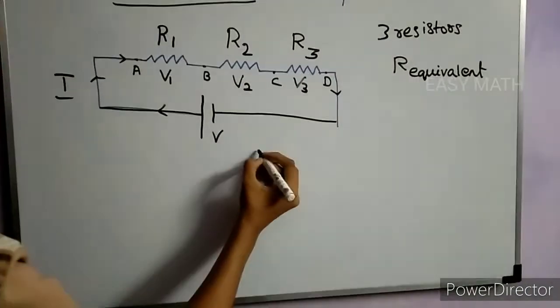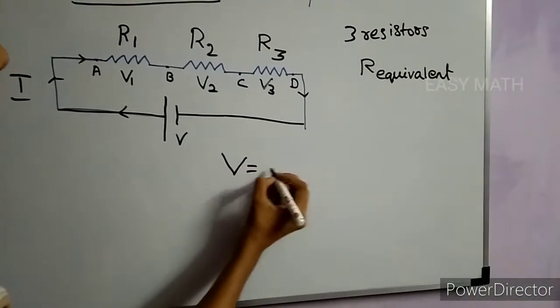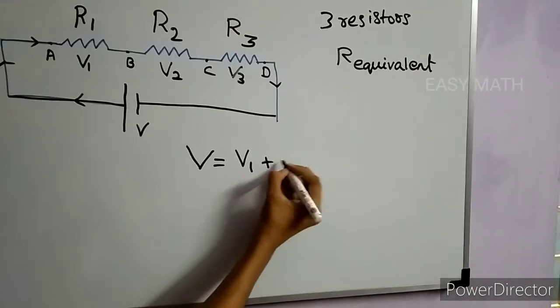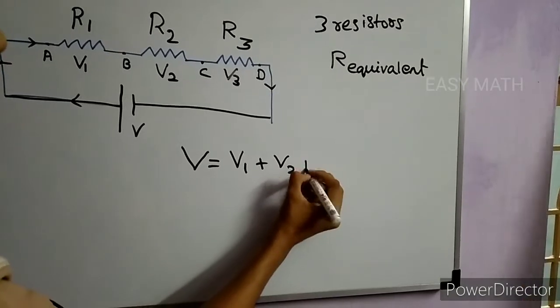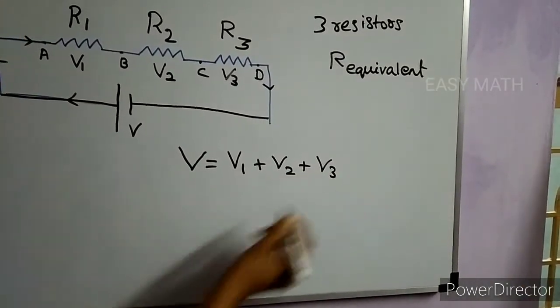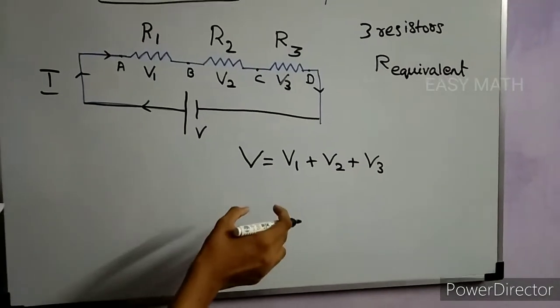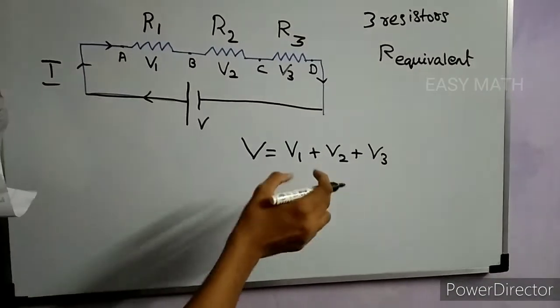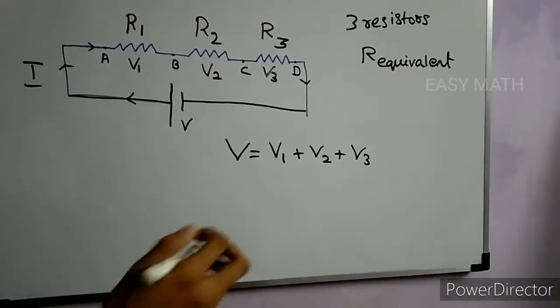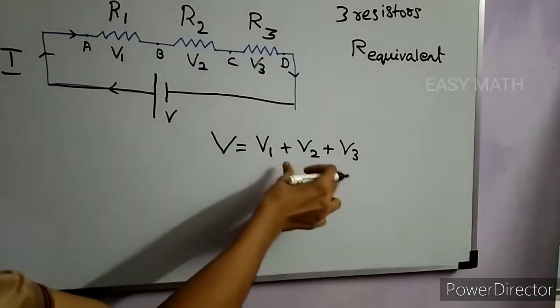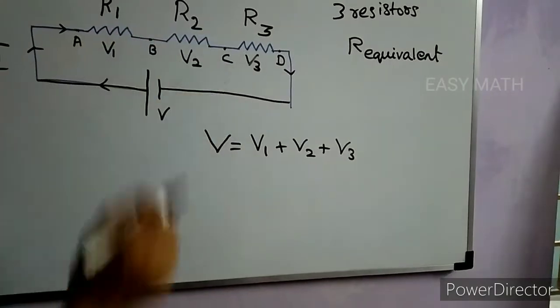So V is equal to V1 plus V2 plus V3. Total potential drop is equal to the sum of potential drops across each resistor.